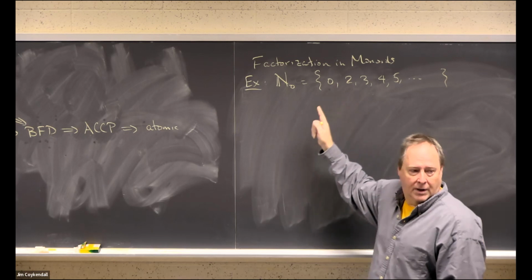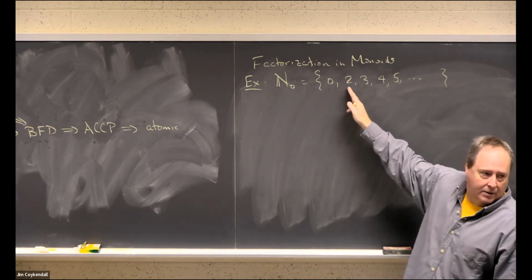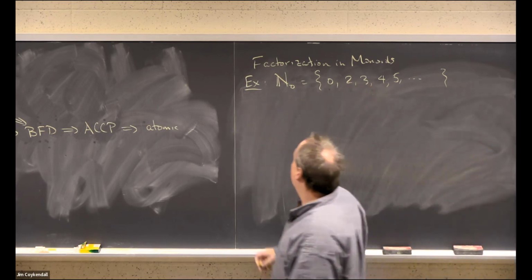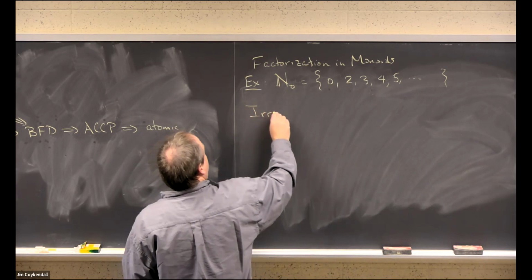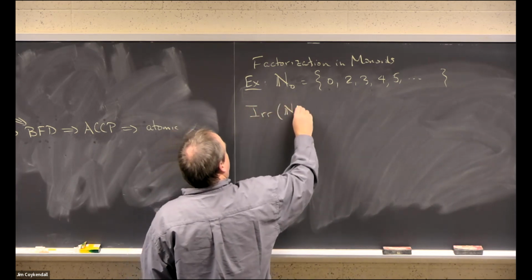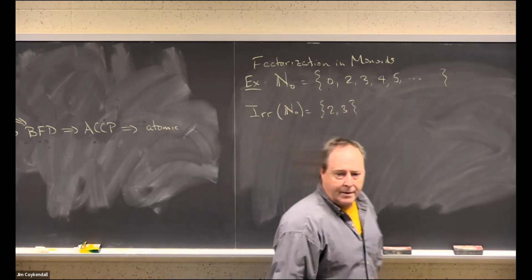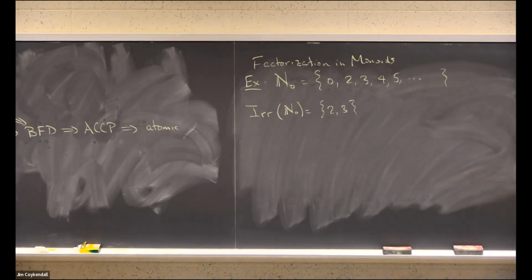Notice that 2 cannot be broken down, can't be decomposed into the sum of any smaller elements. Neither can 3. So the irreducible elements are 2 and 3. Notice every larger element is a linear combination of the naturals 2 and 3.